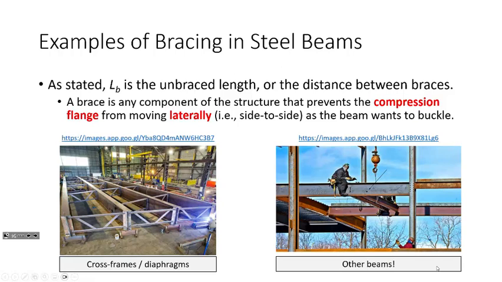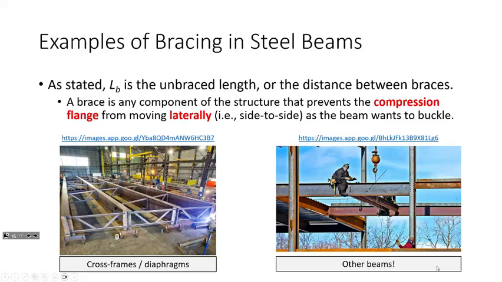So for example, if you look at a floor system in a commercial structure, we have here a girder, and this iron worker is sitting on the girder, and we have these beams framing into that girder. Those beams are acting as braces for this girder. That's what's going on.